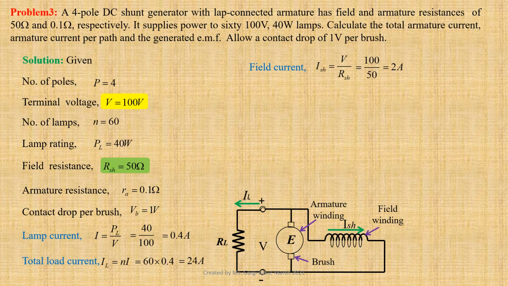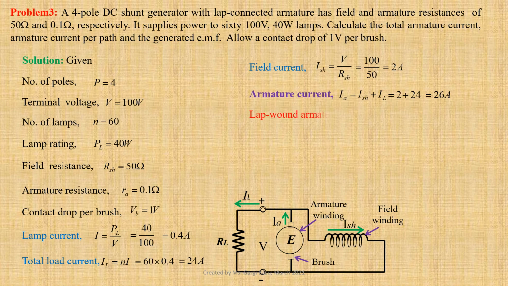For DC shunt generator, armature current IA equals to ISH plus IL, that is equal to 2 plus 24, that gives us 26 ampere. For lap connected armature, number of parallel paths A equals to P, that is equal to 4 for this generator.